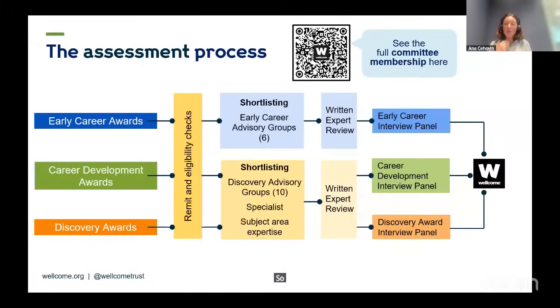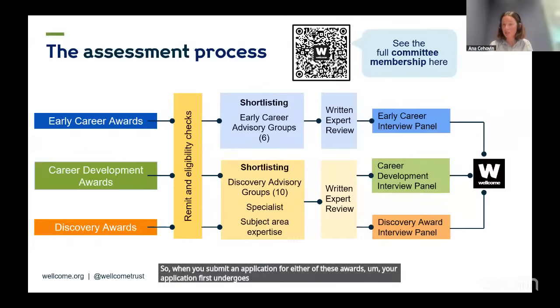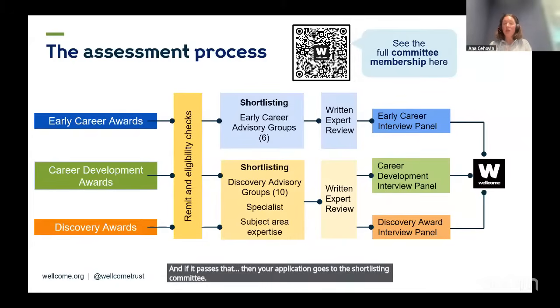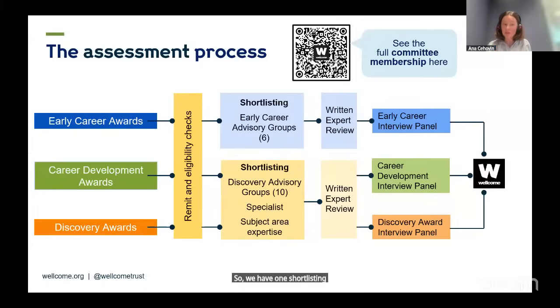When you submit an application for any of these awards, your application first undergoes remit and eligibility checks. If it passes that, your application goes to the shortlisting committee. We have one shortlisting committee for the early career awards, one for the career development awards, and one for discovery awards.